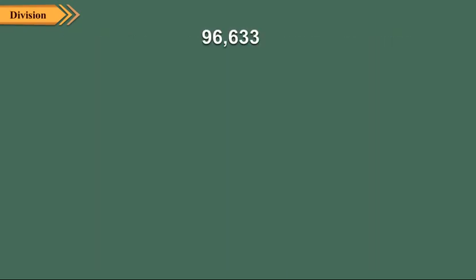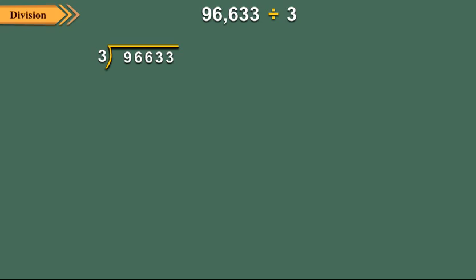Now let us divide 96,633 by 3. First, divide 9 in 10,000's place of 96,633 by 3. Quotient is 3 and the remainder is 0.